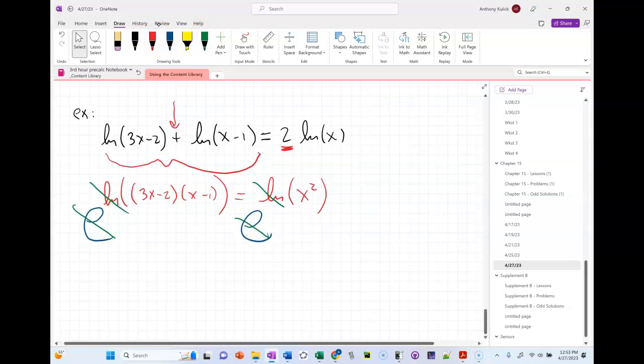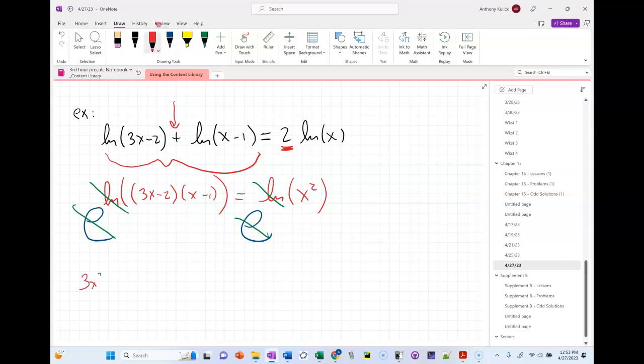E is a number, right? It's like 2 point whatever, it's just an irrational number like pi. So I went ahead and foiled that piece out as well.